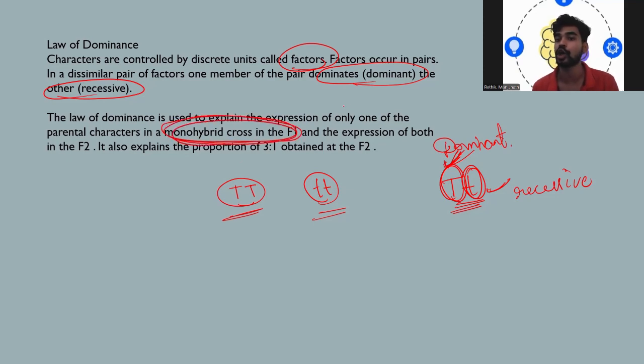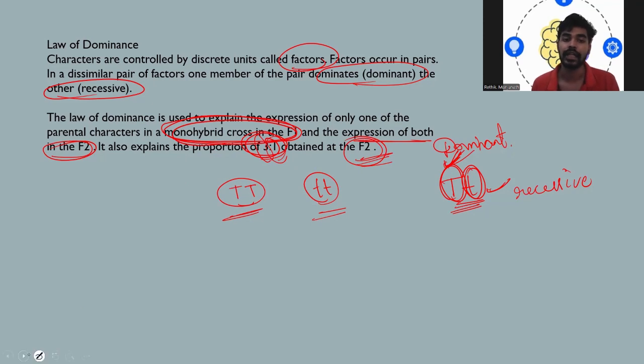In the F2 generation, we also see the law of dominance, where it explains the proportion of 3 is to 1, where 3 will be the tall plant and 1 is the dwarf plant. This ratio is obtained in the F2 generation.